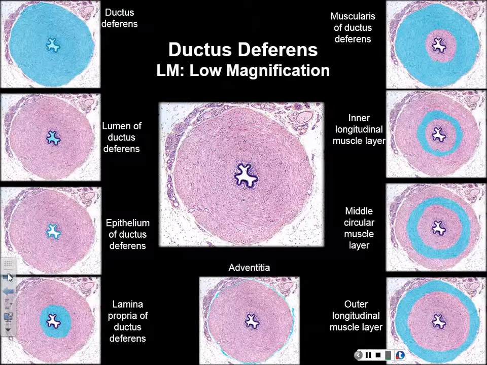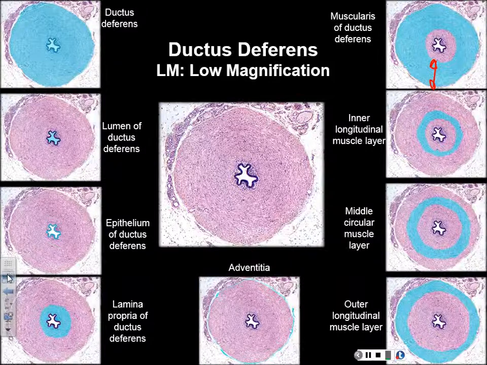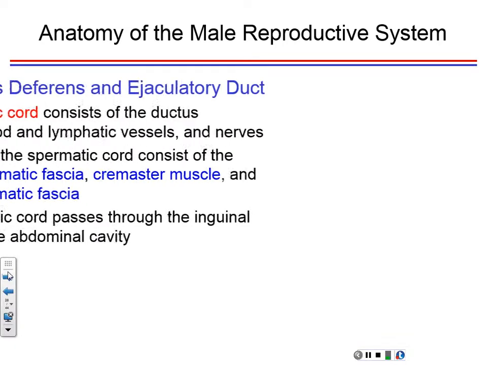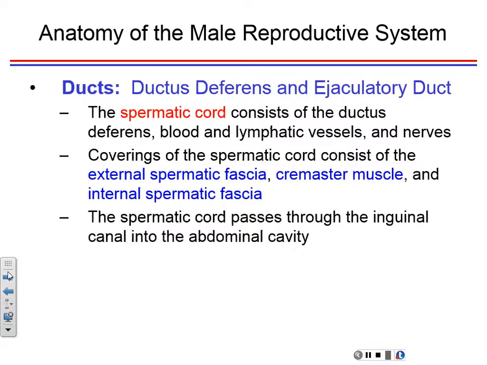It has longitudinal muscle on the inside, then middle circular, and then another longitudinal on the outside. All those contract to form the peristaltic movement that guides the sperm up to the ejaculatory duct.